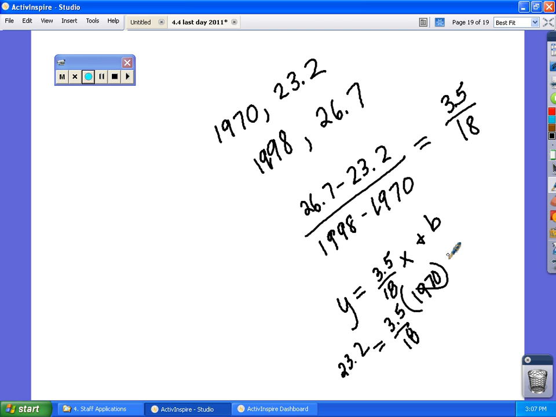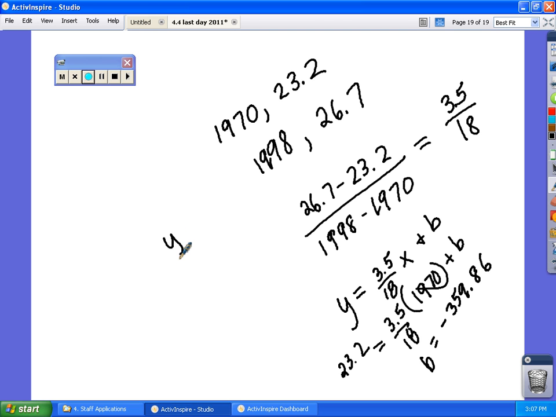So the first thing I'm going to do is 1970 times 3.5 over 18. And then I'm going to take that answer and subtract it from 23.2. And you end up with B being about negative 359.86. So there's our equation.